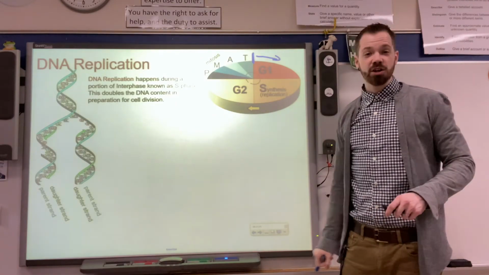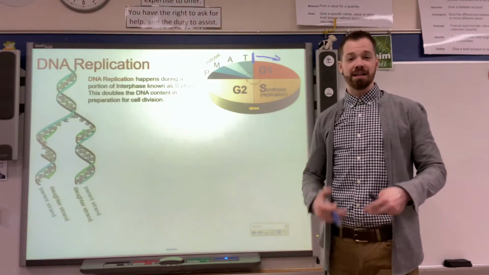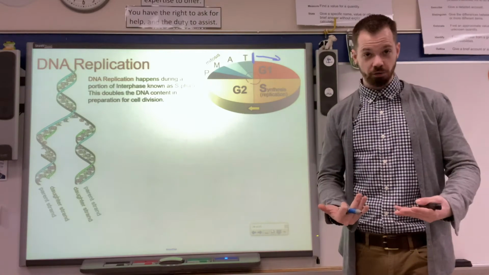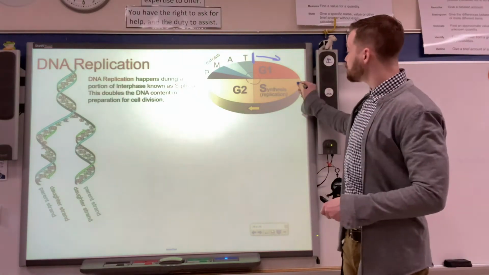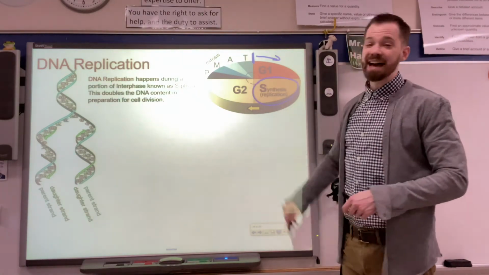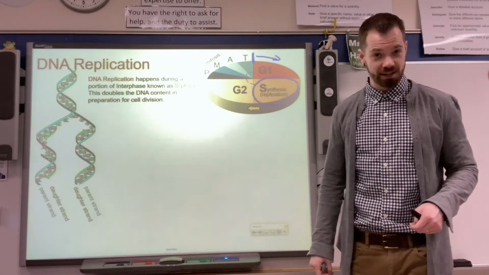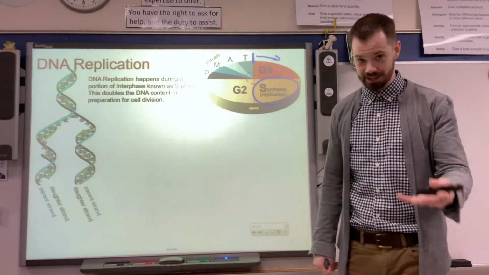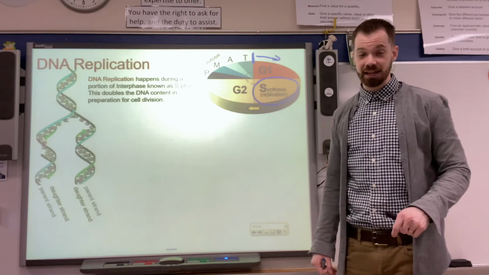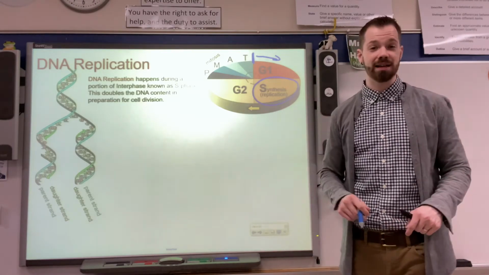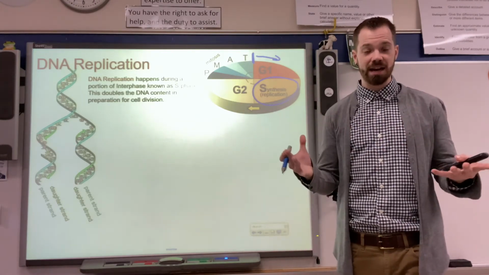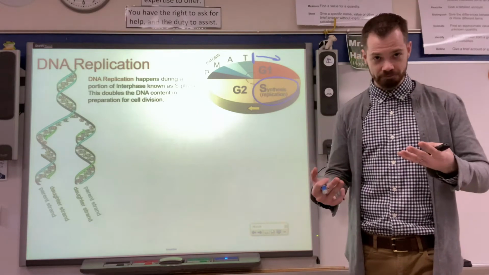The first phase is called growth 1, and that's G1. Cells grow, they get bigger. Then you enter S, and S stands for synthesis, or DNA synthesis. That's the part of the cell cycle where cells are going to do this process and create two strands of DNA from one.